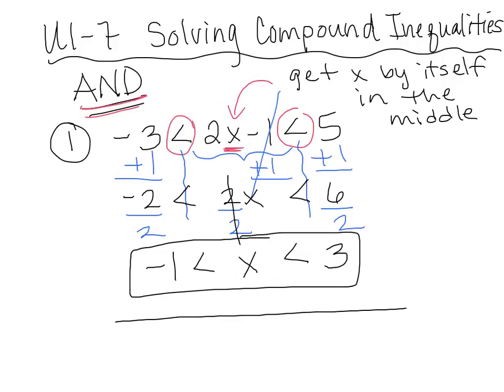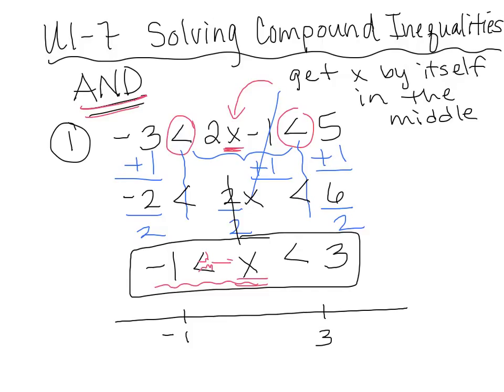Then I want to represent that on a number line. We can just do simple number lines. I'm going to bring down the two boundary points, the -1 and the 3. Now this first piece, if I start reading with the x is greater than -1, right? Remember the alligator teeth, right?